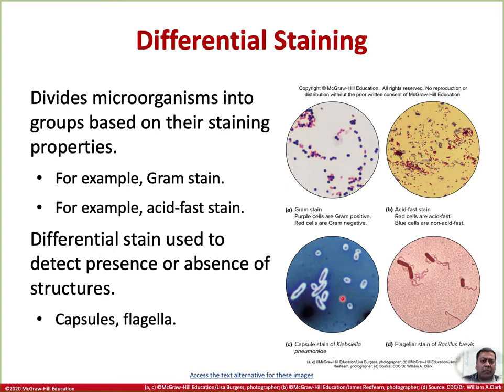It is not positively charged and not negatively charged, so it is not attracted by the positive dye, the basic dye. That's the reason it remains colorless, whereas the bacteria, being negatively charged on the surface, are stained by the basic dye, and the glass slide, being positively charged, is stained by the acidic dye, which is negatively charged. So that's basically the principle of the negative differential staining.